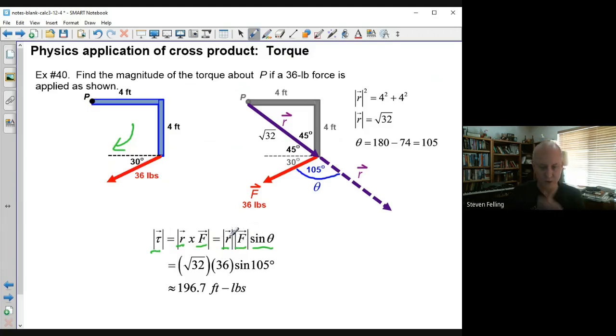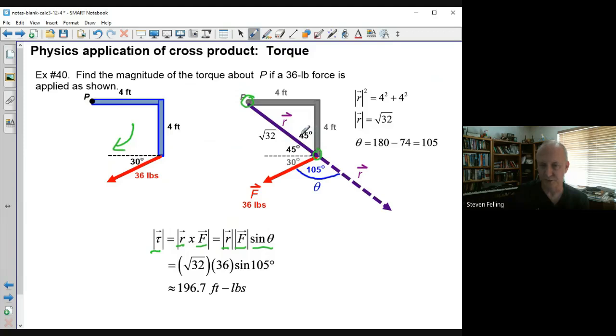First of all, we want to figure out what the r vector is. The r vector is the position vector for where the force is applied relative to the point of rotation. So if we're rotating around this point and the force is applied here, then this r is the position vector for that, okay? So it would be there. And since this is 4 and this is 4, you can do a little Pythagorean theorem to find that this length is the square root of 32.